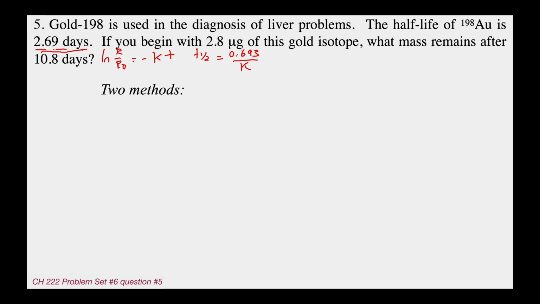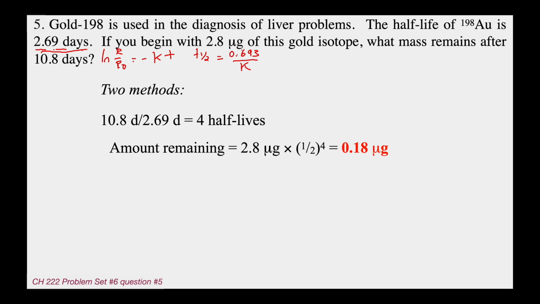There are a couple of different ways you can do this problem. The cheesy way, the Chem 104 way, as I called it in lecture, is to see if you have an integral number of half-lives. In this problem, you take the time elapsed, 10.8, divide it by the half-life, 2.69, and it does come out to be 4 half-lives. So you could take the initial amount, 2.8 micrograms, and multiply it by 1/2 raised to the number of half-lives, giving 0.18.